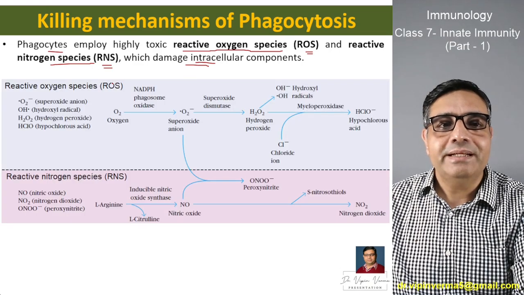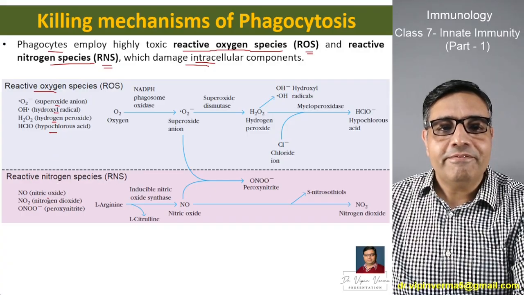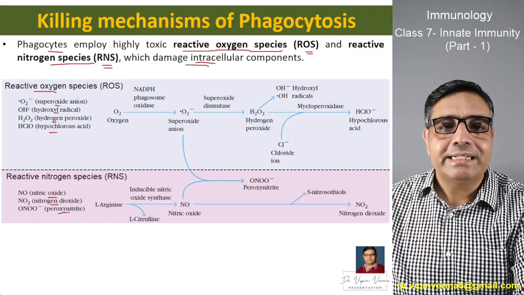How? You can see here we have many reactive oxygen species: superoxide anion, hydroxyl radicals, hydrogen peroxide, and hypochlorous acid. In the case of reactive nitrogen species, we have nitric oxide, nitrogen dioxide, and peroxynitrite.